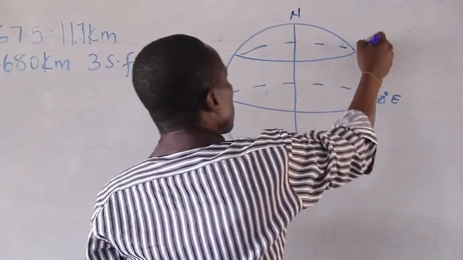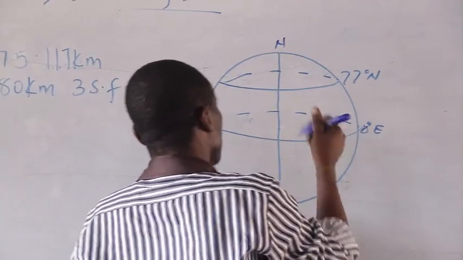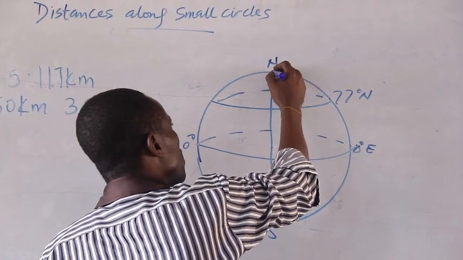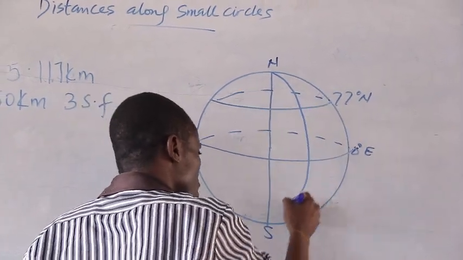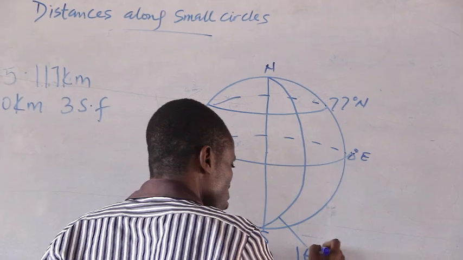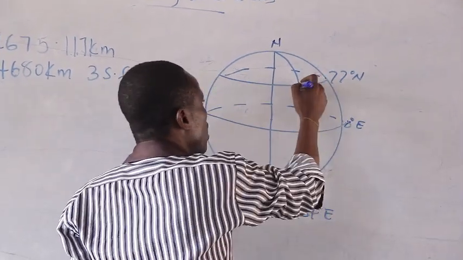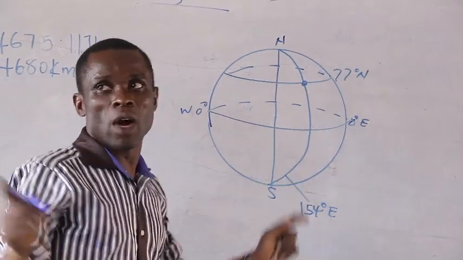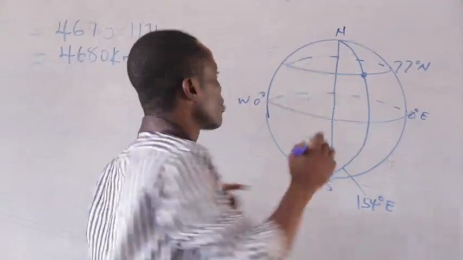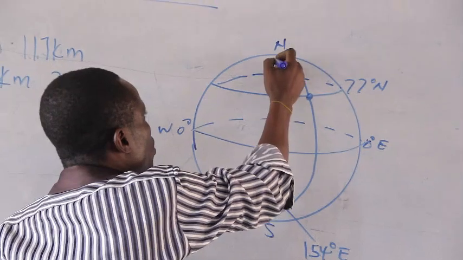Their longitudes are 154 degree east, and 142 degree west. Okay, wait, this is the first point, and what again? 142 degree west.